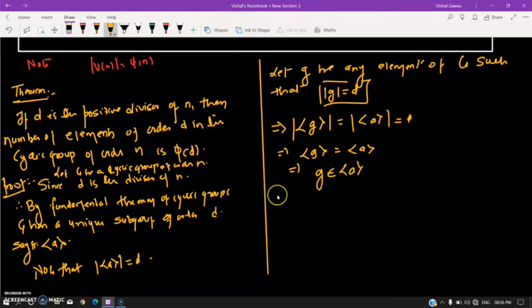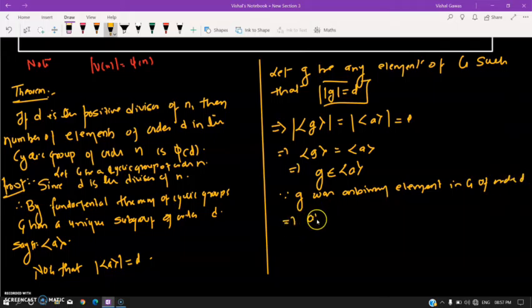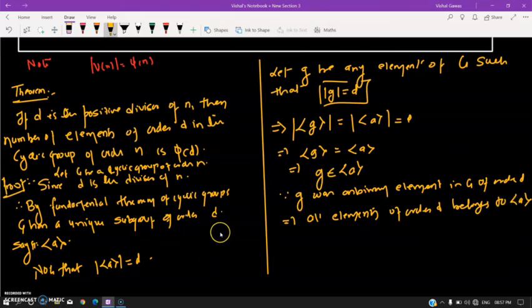And since g was an arbitrary element in G of order d, this would imply that all elements of order d belong to the subgroup generated by a, which has order d.